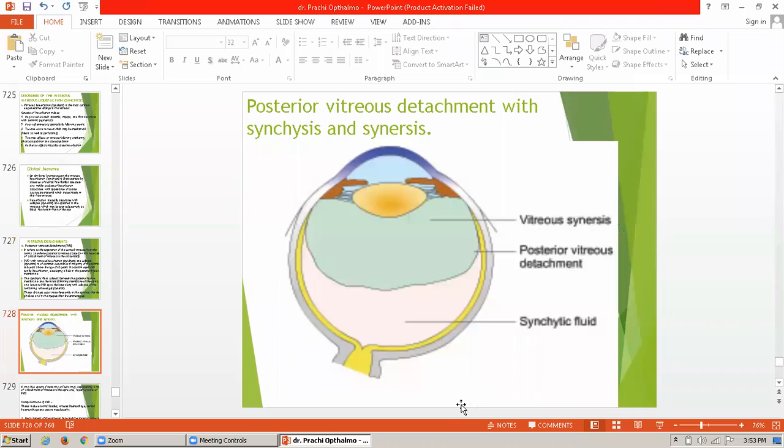So when we see the diagram of posterior vitreous detachment with synchysis and syneresis, this is vitreous syneresis, this is posterior vitreous detachment, and this is synchytic fluid.